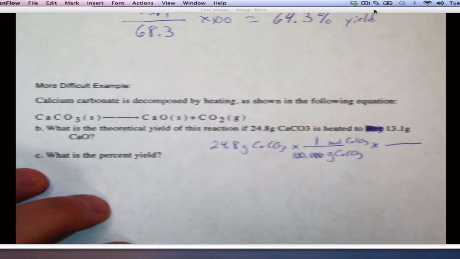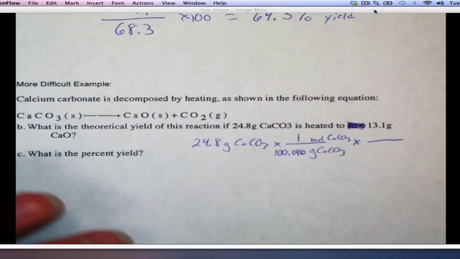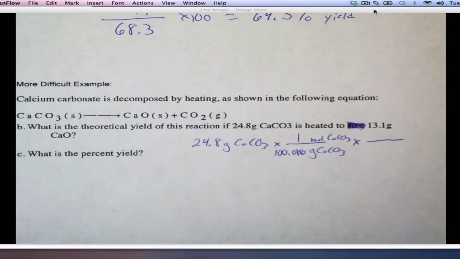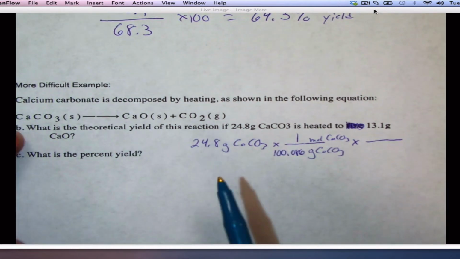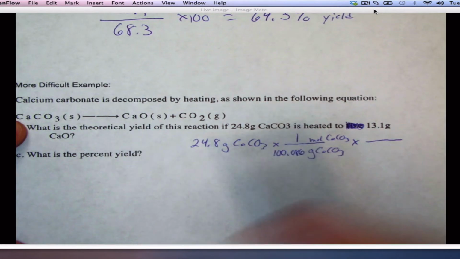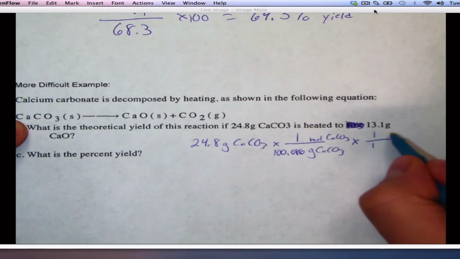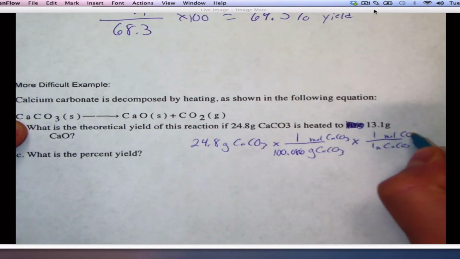And now our next step would be the mole to mole ratio, from this compound to this compound. So we look from here to here. It's a 1-to-1 ratio, so really no calculations necessary. This is moles of CaO.